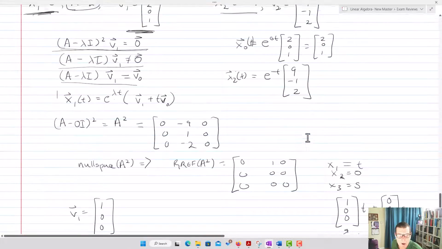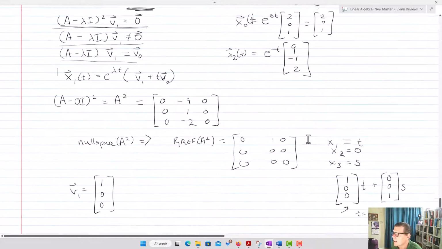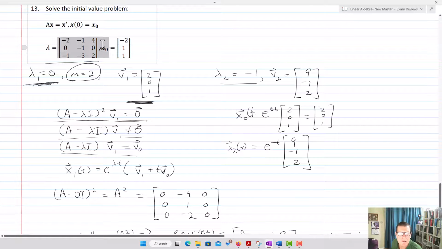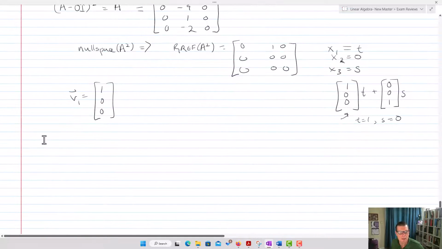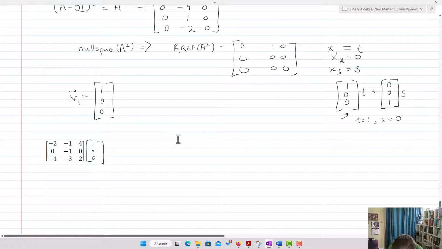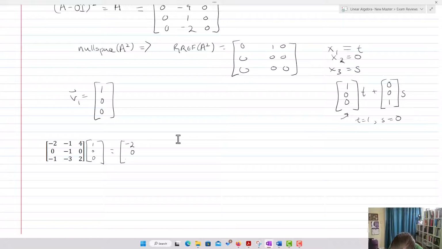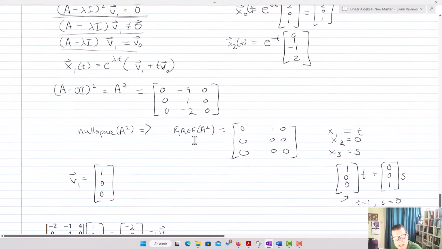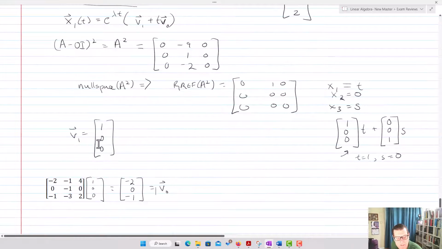So I take this matrix, multiply it by 1, 0, 0, and what I end up getting is negative 2, 0, negative 1. And that is v naught. So I'm just using these constraint equations to find first v1 and then v naught.